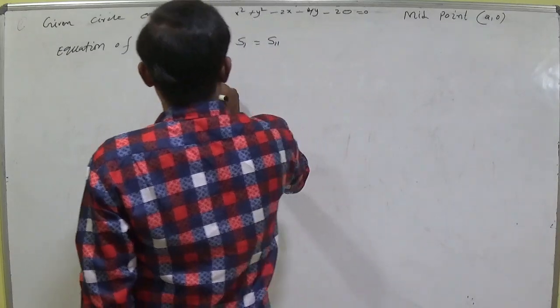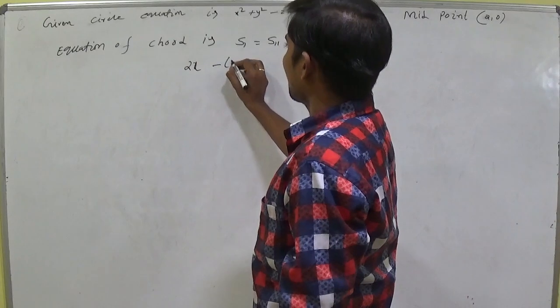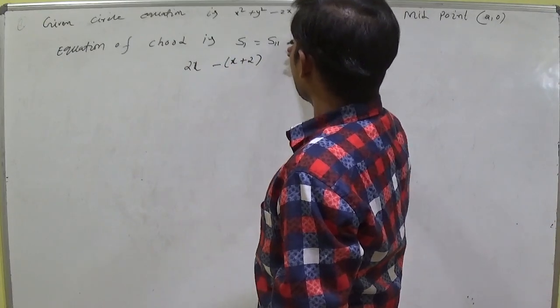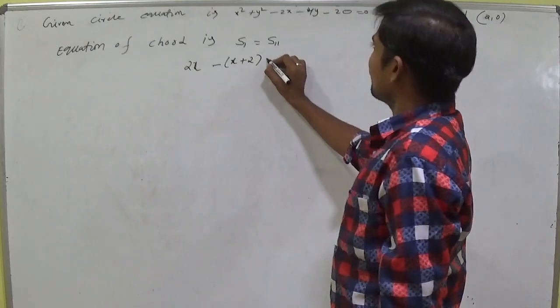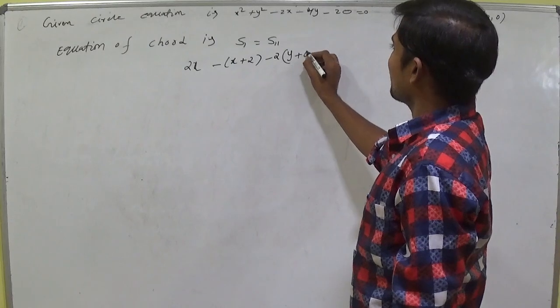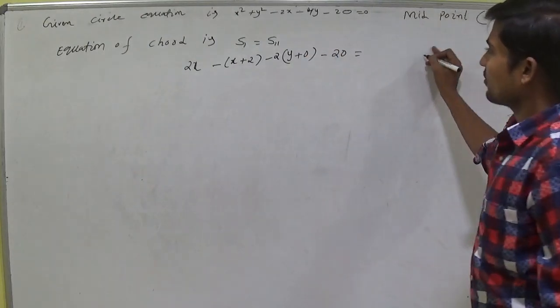g is minus 1, so x plus 2, and minus 2 into y plus y1 is 0, minus 20 equal to S11.